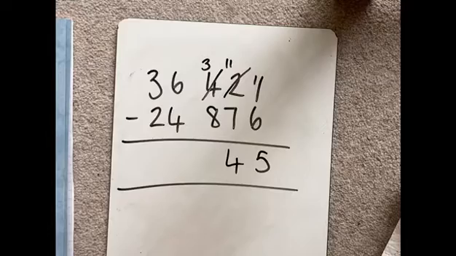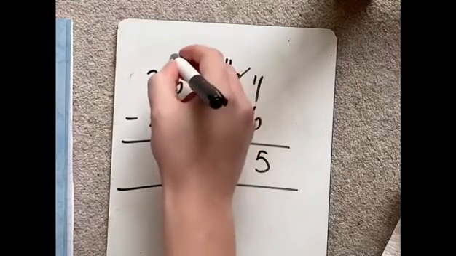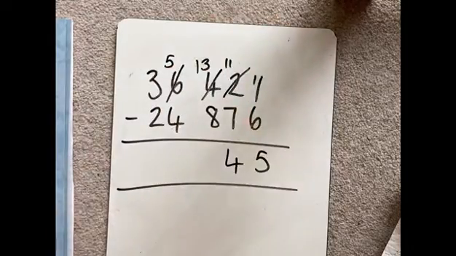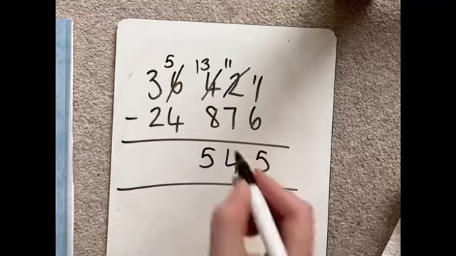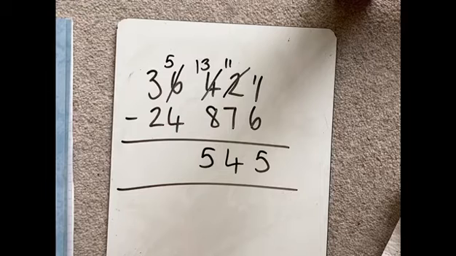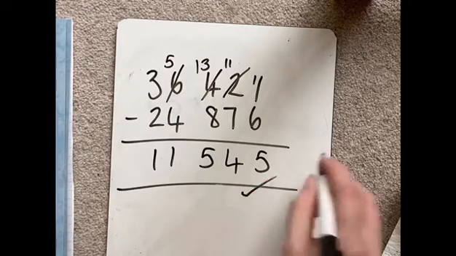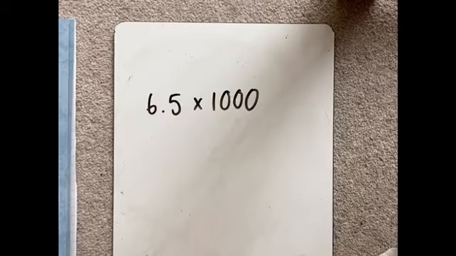I can't do 3 take away 8, so I need to exchange again from the 6, making that 13. 13 take away 8 leaves me with 5. 5 take away 4 leaves me with 1, as does 3 take away 2. So you should have had 11,545.